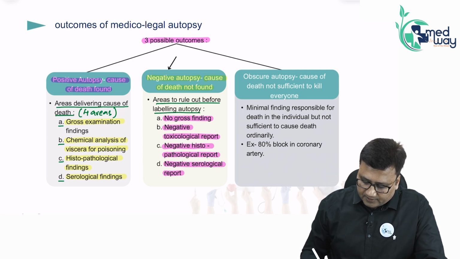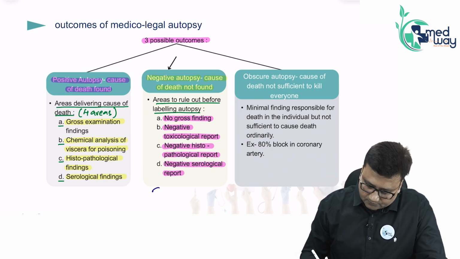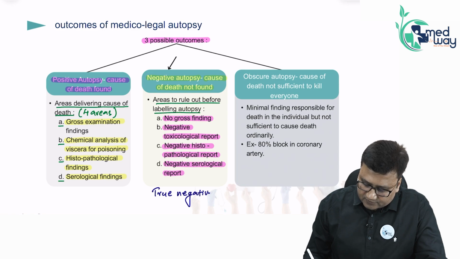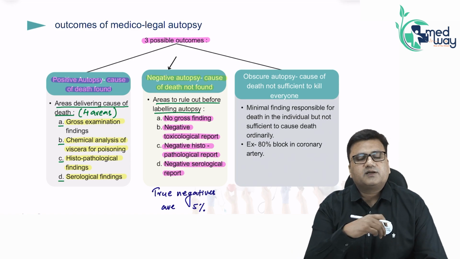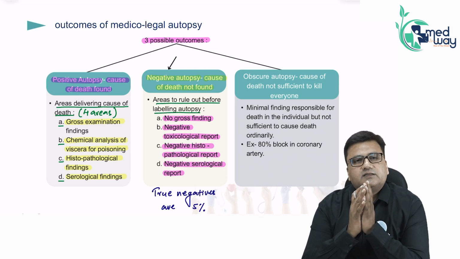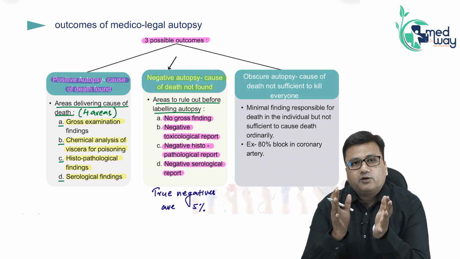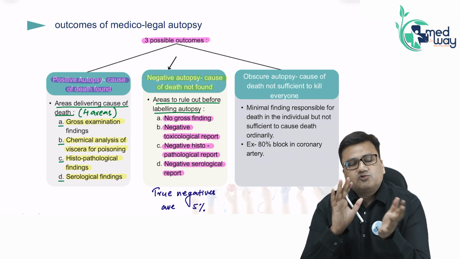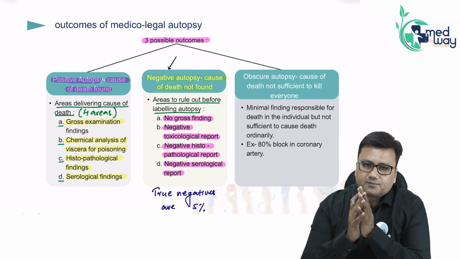Remember, of all the medico legal autopsies, true negatives are 5%. So, of all the autopsies that are conducted, the medico legal autopsies to know the cause of death, true negatives are close to 5%.